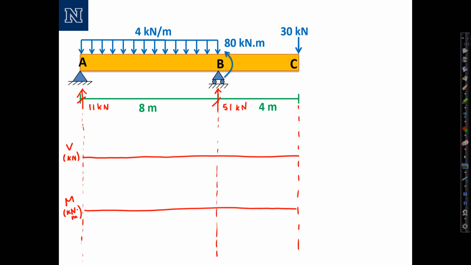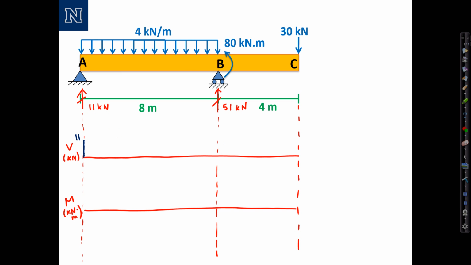Starting at point A, we cross the reaction, 11 kilonewtons pointing upward. So the diagram jumps up by 11 kilonewtons. Between A and B, we have a distributed load pointing downwards, so shear is going to decrease.